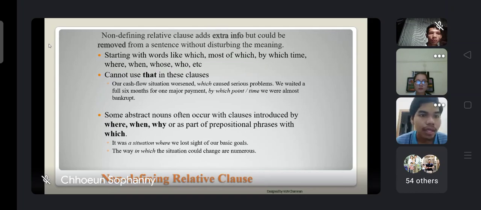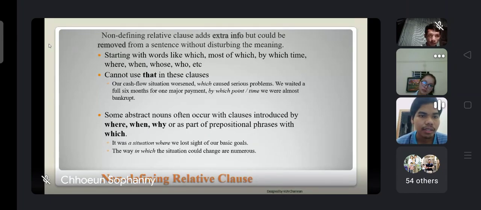Another one, some abstract nouns often occur with a clause introduced by where, when, why, or as part of a prepositional phrase with which. For example, it was a situation where we lost touch of our basic goals. So, situation is the abstract noun occurring with the clause in which we lost touch of our basic goals.